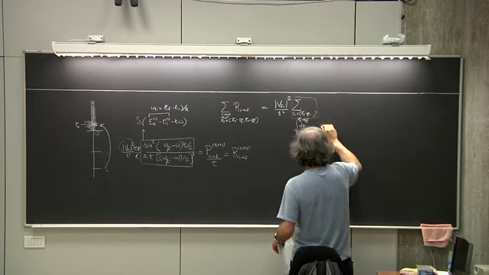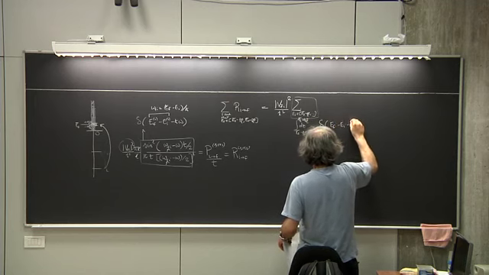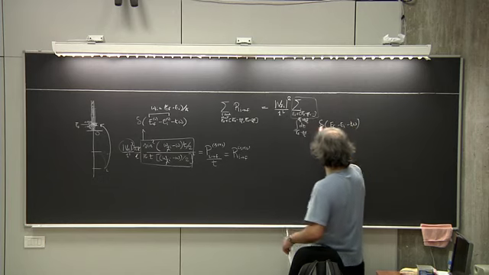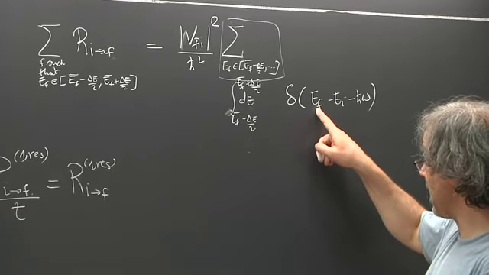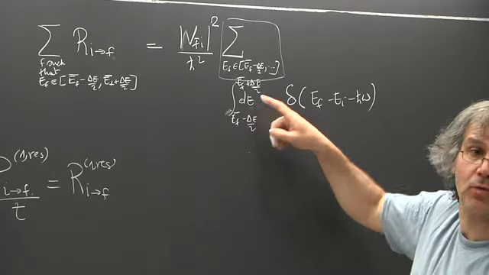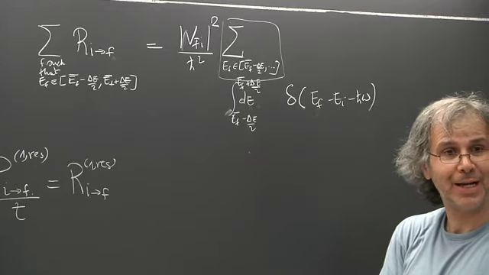But then the delta is simple, right? Because what's the integral of a delta? If the EF is inside the interval, it is 1. Otherwise, it's 0. So in some sense, this is a device to count, okay?